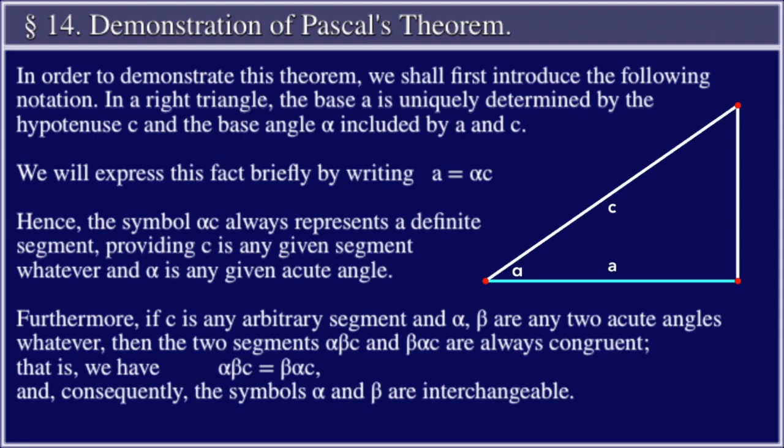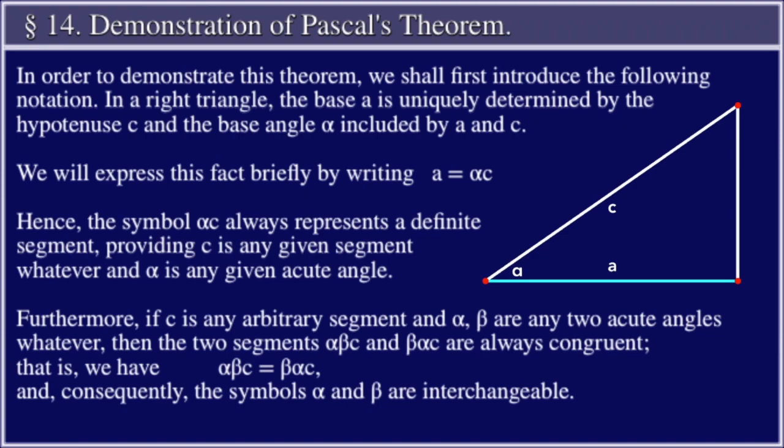In a right triangle, the base A is uniquely determined by the hypotenuse C and the base angle alpha included by A and C. We will express this fact briefly by writing A equals alpha C. Hence, the symbol alpha C always represents a definite segment, providing C is any given segment whatever, and alpha is any given acute angle.